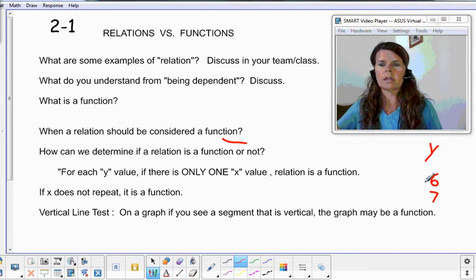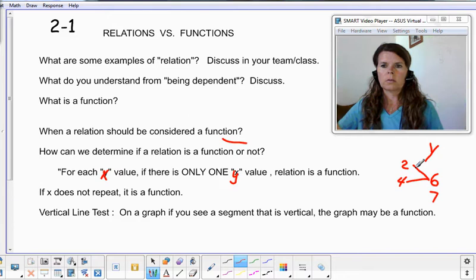It says they each have to have their own, but really this one could have 2 and it could have 4. So this one y value has 2 x values and this is still a function. So 6 can go with 2 and 6 can go with 4. So really this should say for each, cross it out and put x value, there's only one y value.